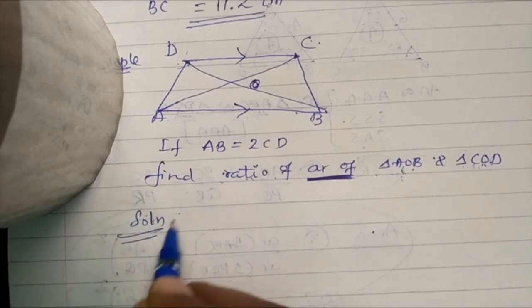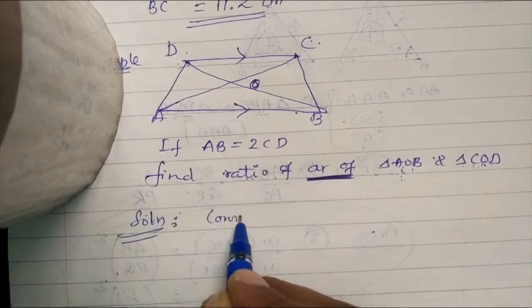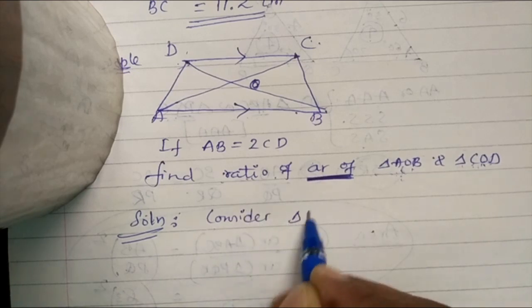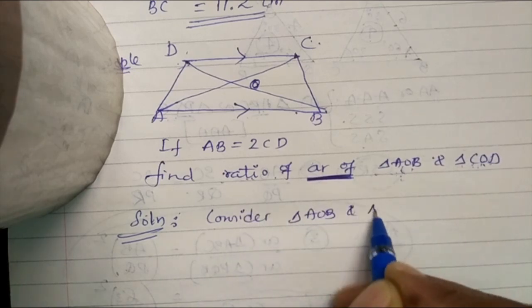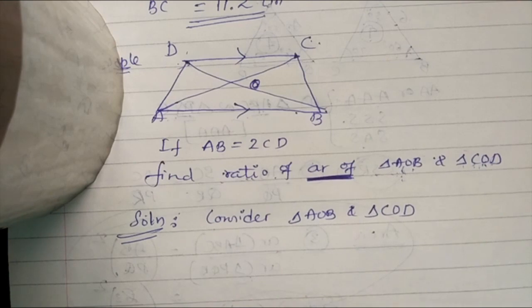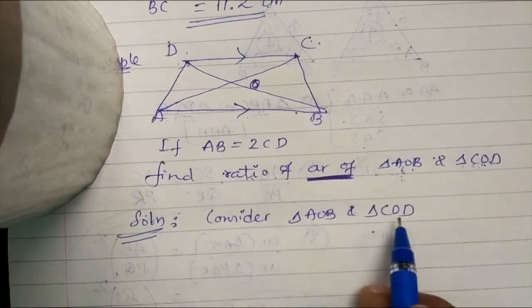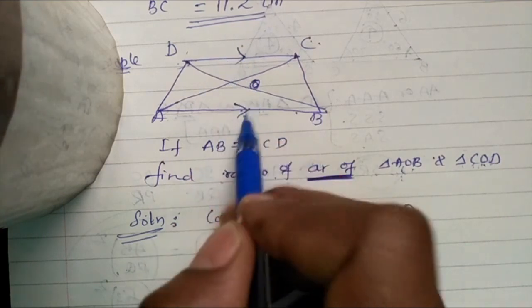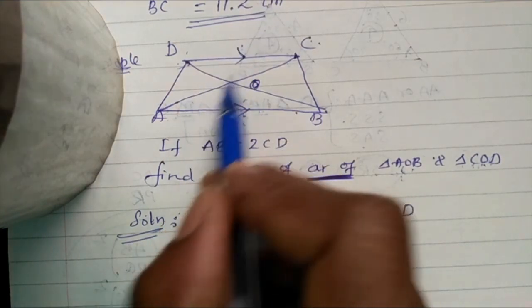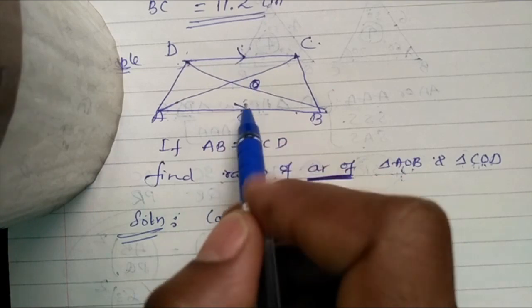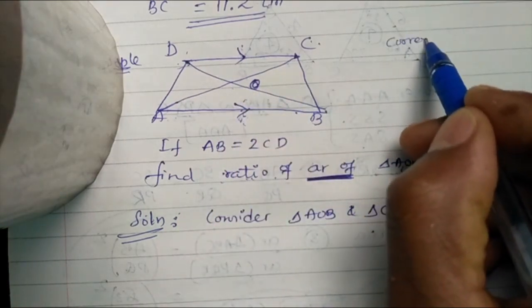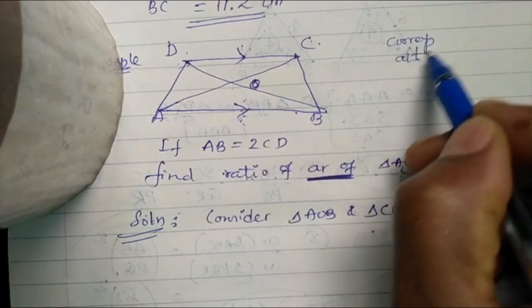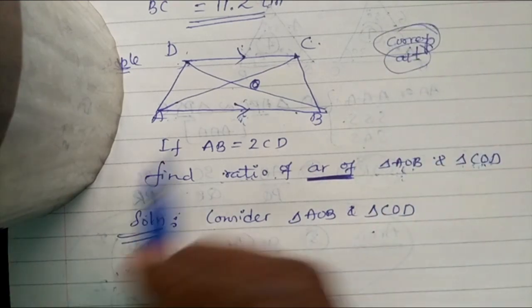Solution. Consider triangle AOB and triangle COD. First, let us take those two triangles. Now, in these two triangles, which angles are equal, we'll see. As you know, these two opposite sides are parallel, and once the parallels are given, corresponding angles and alternate angles should be remembered.